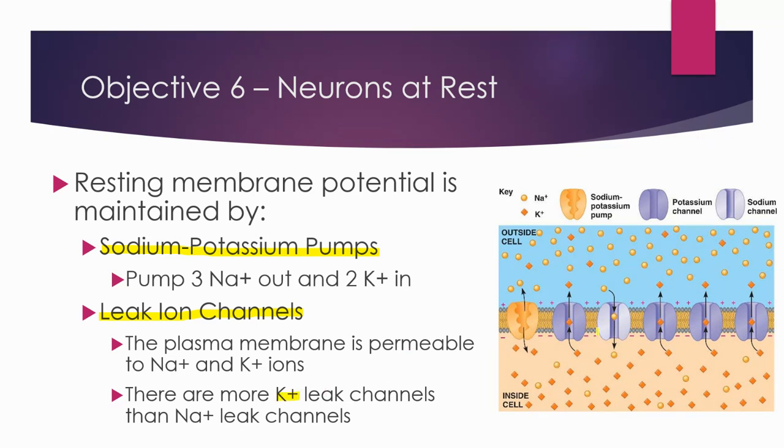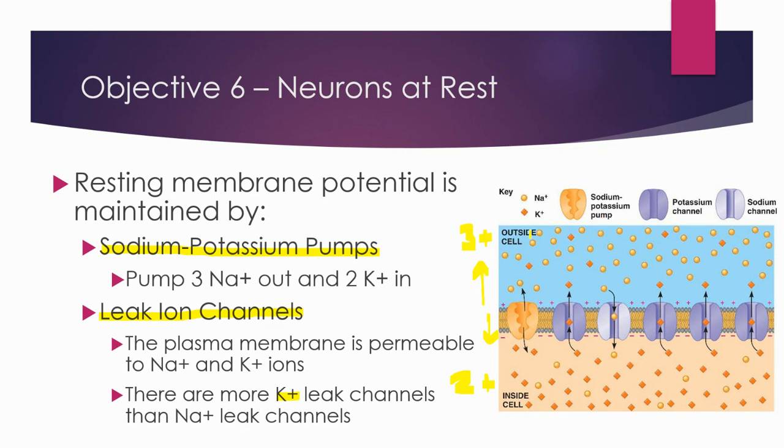And so just to show you why it is more positive out here and more negative in here, well, first off, you have the sodium-potassium pump. And so you have 3 positive ions coming out, those sodiums, and you have only 2 positive ions going in, those potassiums. So that's the reason why sodium is higher on the outside and potassium is higher on the inside.